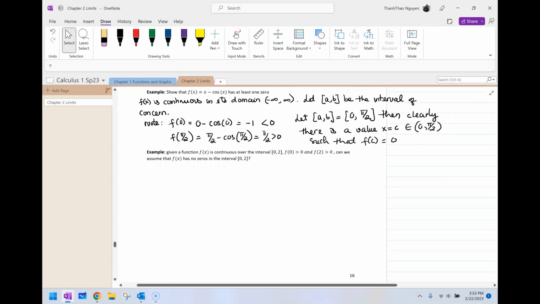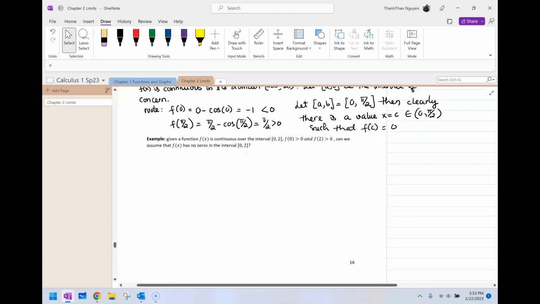Given a function f of x that is continuous over the interval 0 to 2, f of 0 greater than 0 and f of 2 greater than 0, can we assume that f of x has no 0 in the interval?